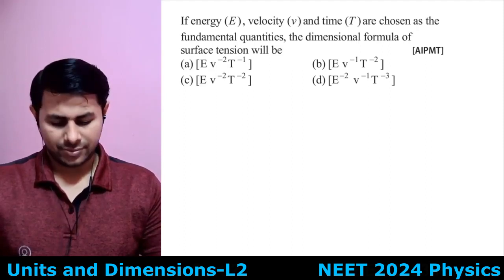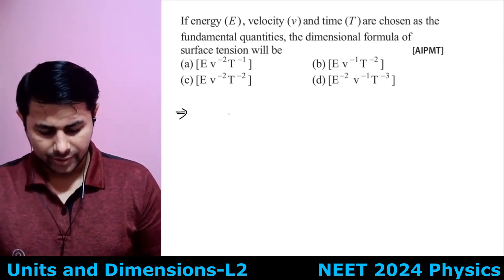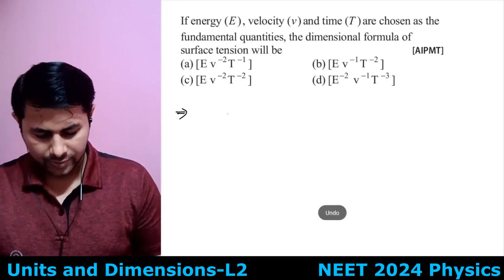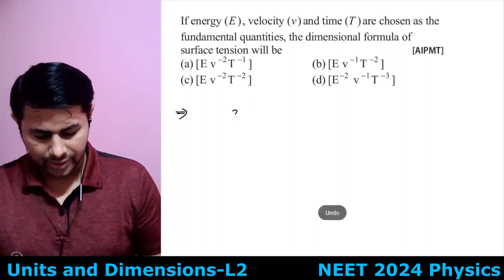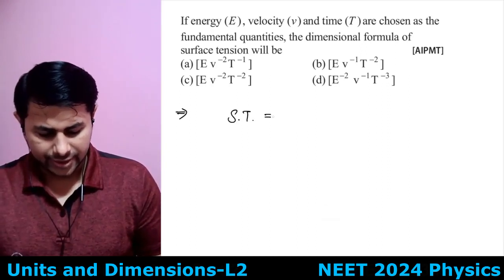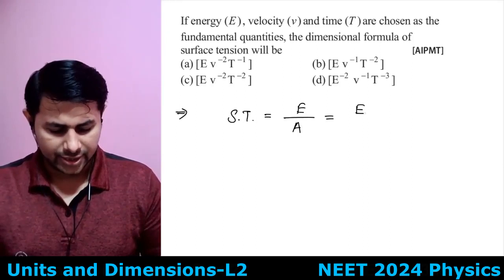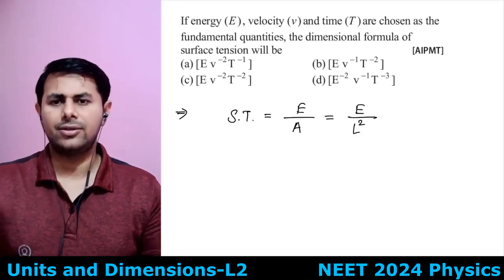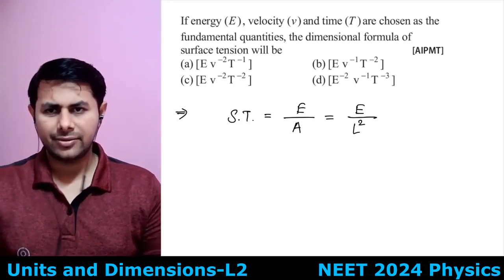It is F by L, or in terms of energy, it is energy per unit area. Surface tension, I will call it ST, is equal to energy per unit area, or I can say it is energy upon L square, as area is L square.